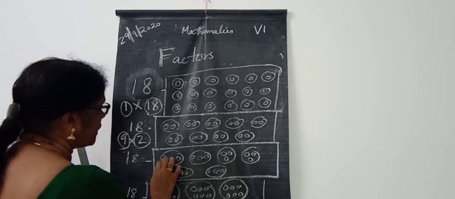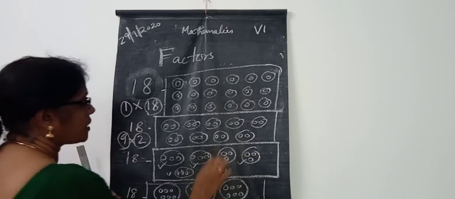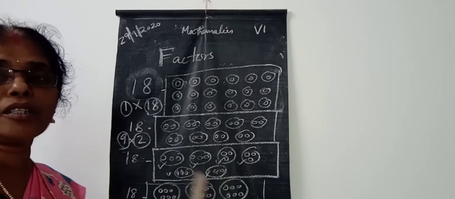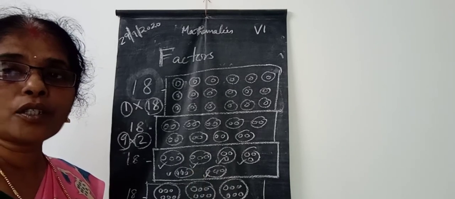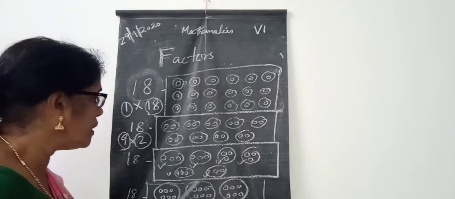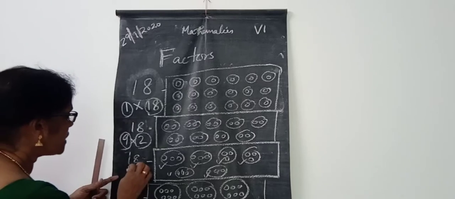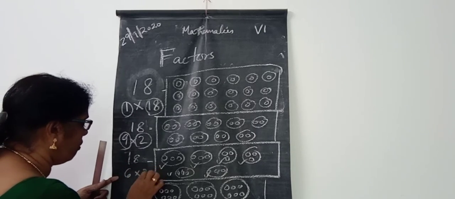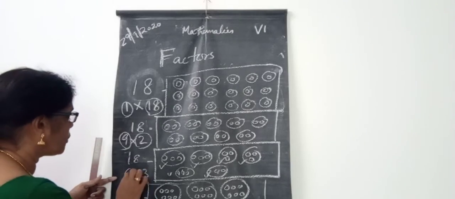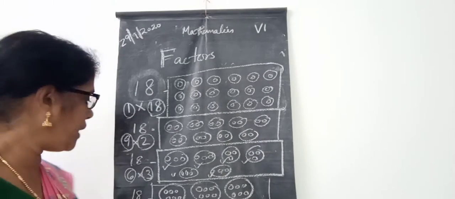Then how many 3s are here? 1, 2, 3, 4, 5, 6. 6 children got these 18 sweets, 3 sweets each. 6 threes are 18. So these 6 and 3 are also factors of 18.